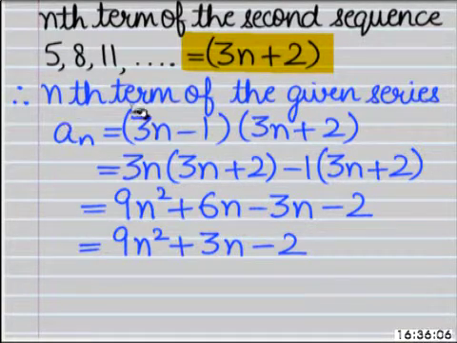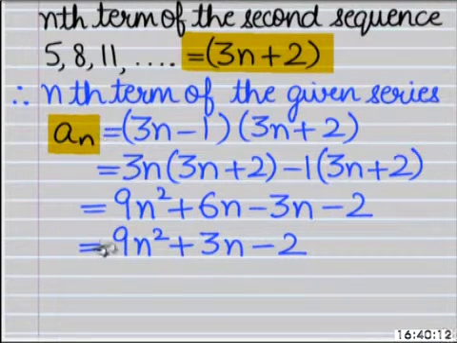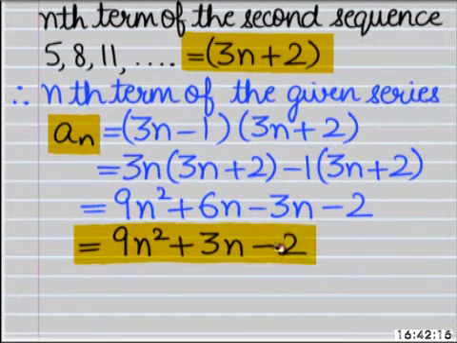So, the nth term of the given series, that is an, is equal to 9 into n square plus 3 into n minus 2.